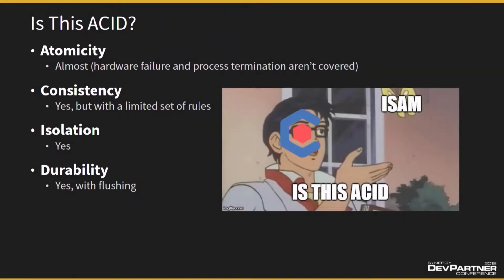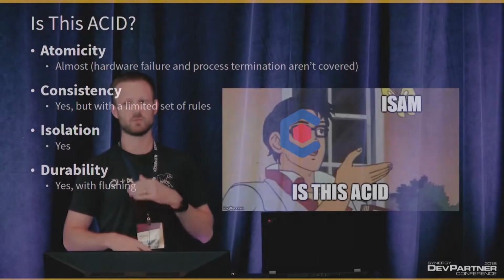So is this ACID? ACID is a term for basically how durable, isolated, and consistent your database is. Can I write a transaction and trust that when that transaction is completed, that data that I modified won't go anywhere, that it's there, it got written to disk? That's durability, and yes, we have durability with flushing.